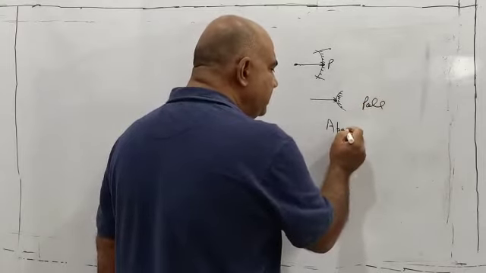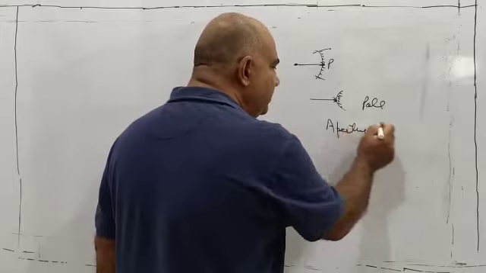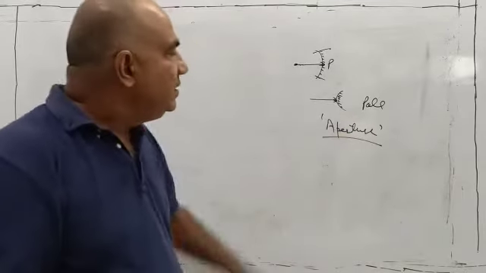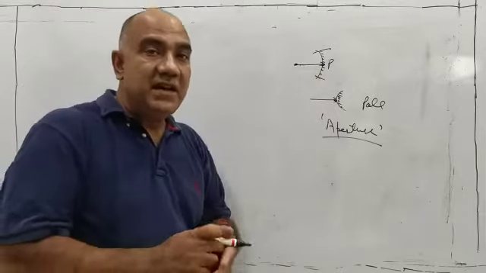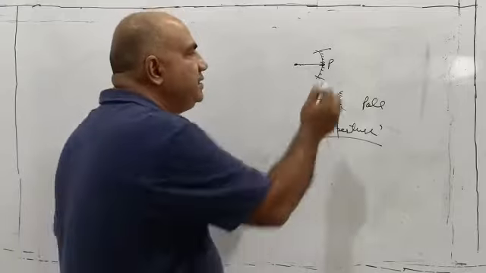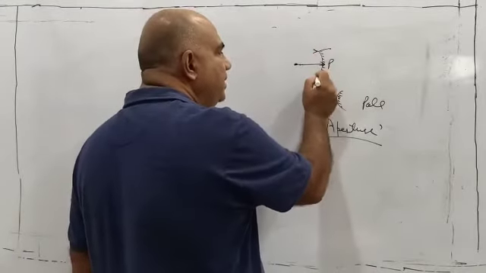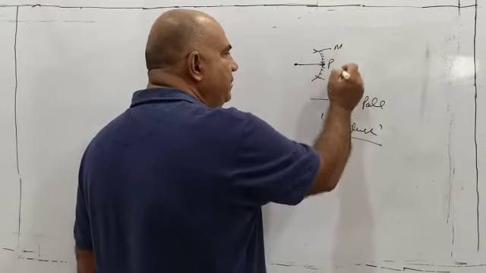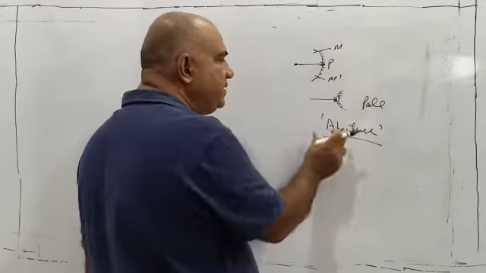Another term is aperture, A-P-E-R-T-U-R-E. Regarding aperture, what we can say is that an aperture is the actual reflecting surface of the mirror. Say the mirror is up to here and up to here, but actually reflection is taking place from M to M dash. So M M dash is the aperture.